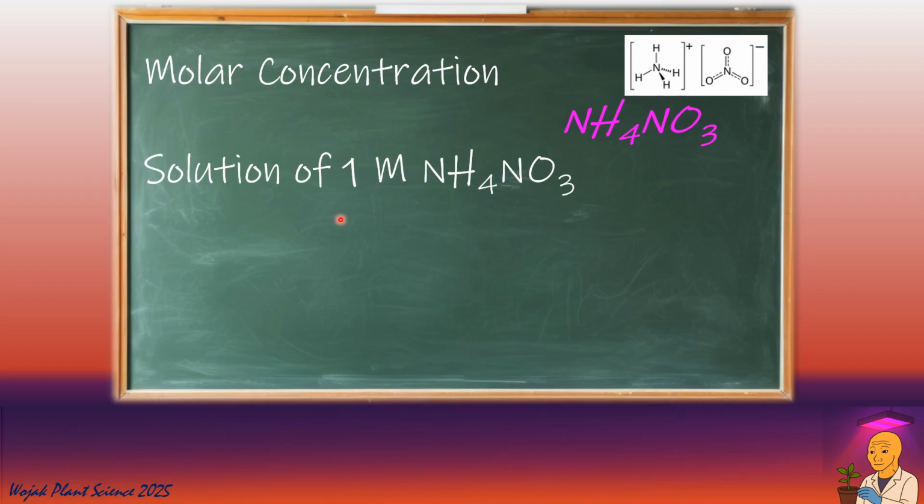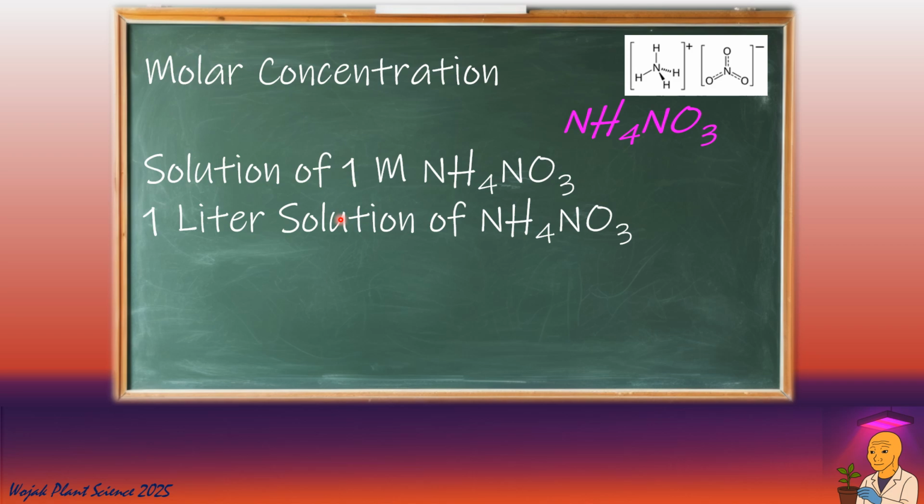So a solution of 1 mole ammonium nitrate is a 1 molar ammonium nitrate solution. It's as simple as that, but I think you've already expected that. So if you have 1 mole of ammonium nitrate in 1 liter, then you have a 1 molar concentration.